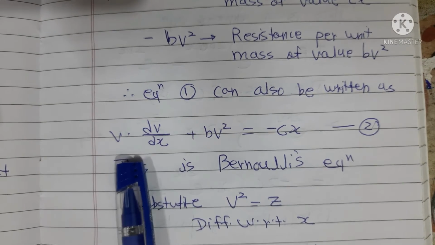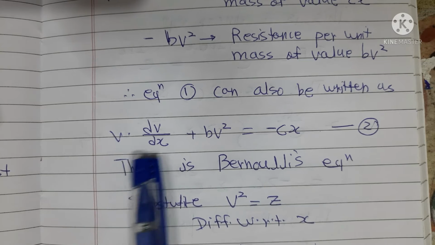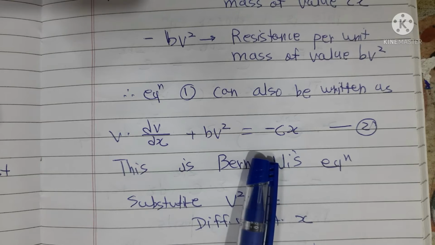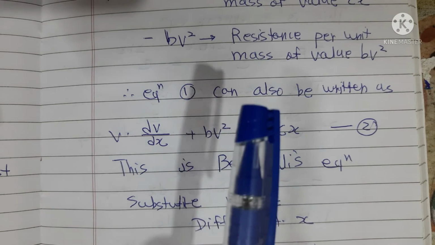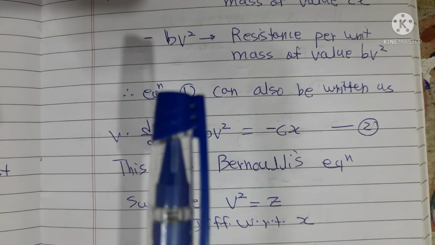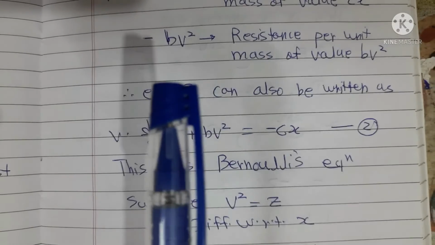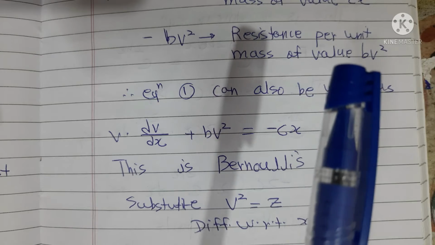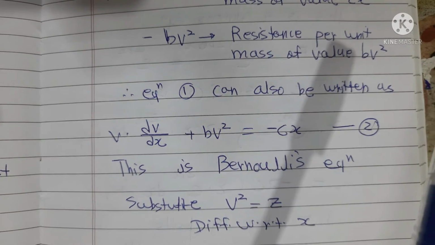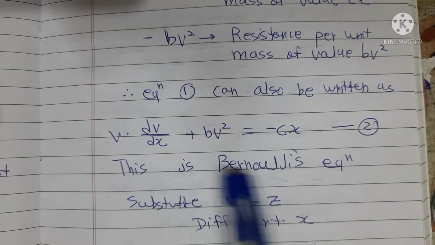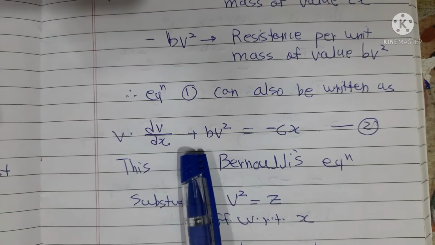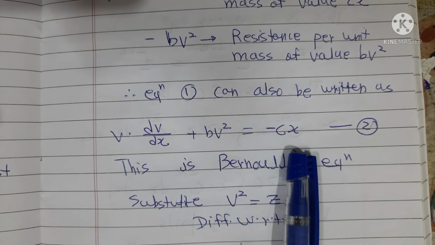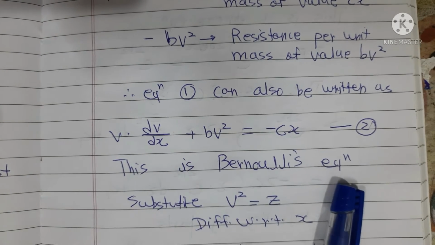With the help of this differential equation, we will come to our conclusion of that particular proof, that is v square is equal to c upon 2b square into bracket 1 minus e raised to minus 2bx minus cx upon b. Now this is v into dv by dx plus b into v square is equal to minus c into x. This is the form of Bernoulli's equation.